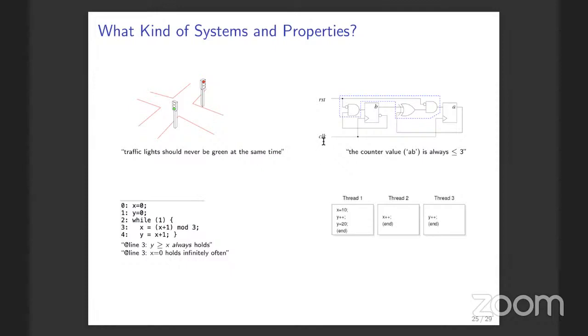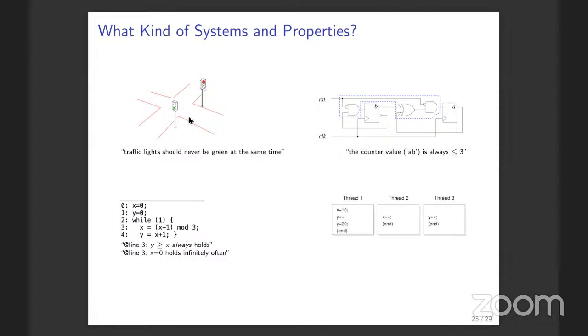For example, if the clock changes here, whatever the environment reset value is, then B and A are updated based on the current values of B and A and the environment value reset. Similarly here too, okay?